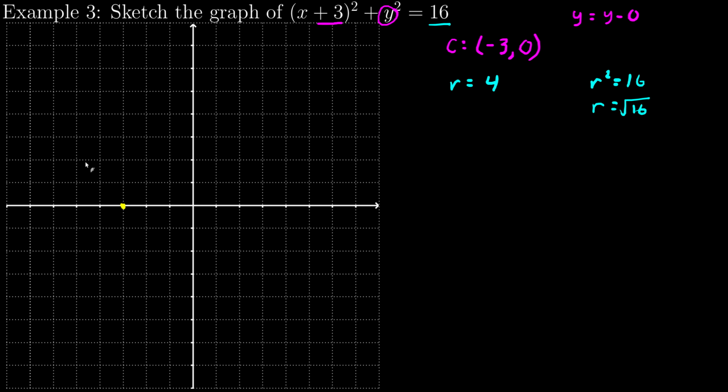Now for my circle, I can go up 4 from my center, go back to my center. Right 4, go back to my center. Down 4, go back to my center. Left 4, and then do the best I can. If I actually had a compass out here, or we're using a different piece of software, I could sketch this really nicely.